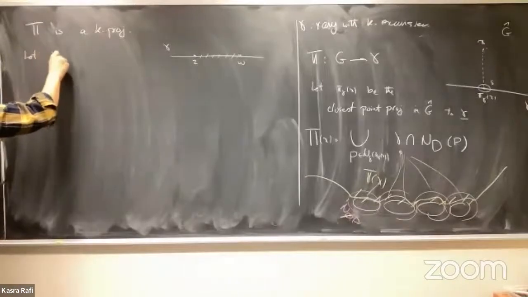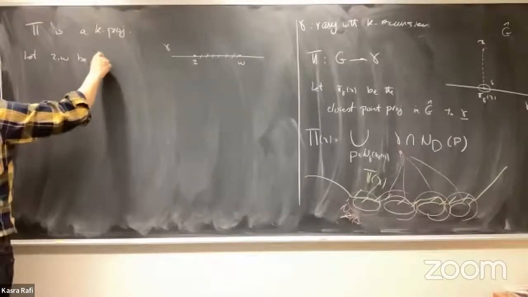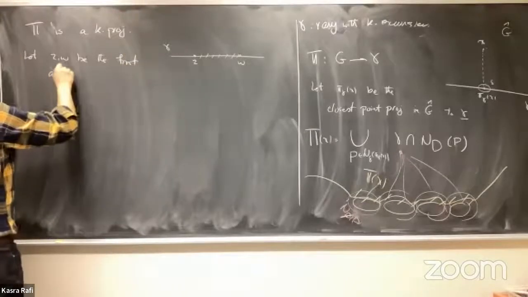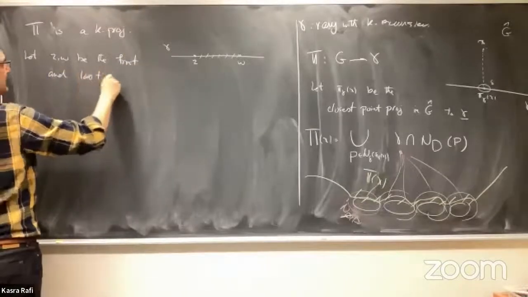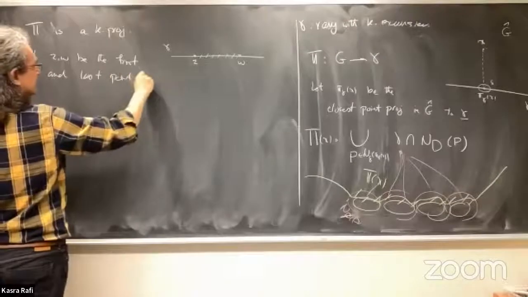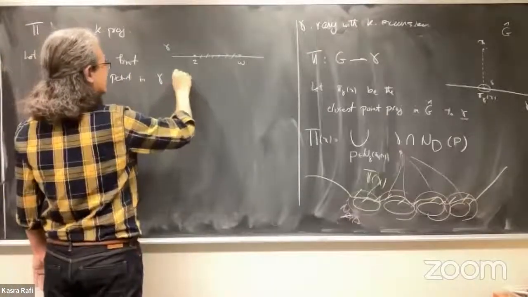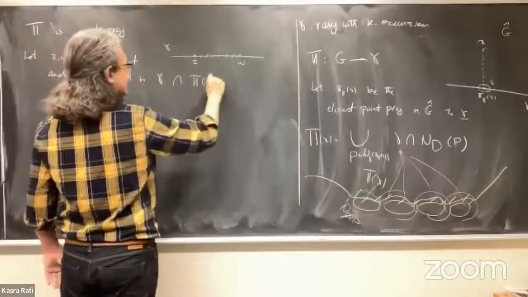Let's call them Z and W. So this is gamma. So that's Z and W, the first and last points in gamma intersect pi x.